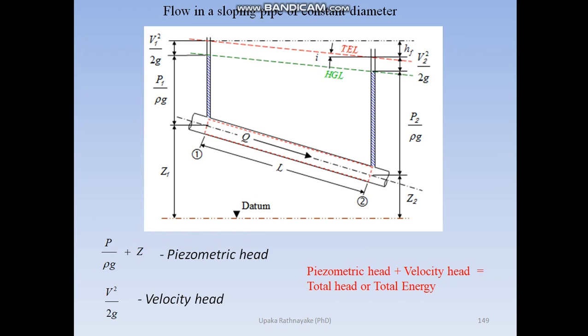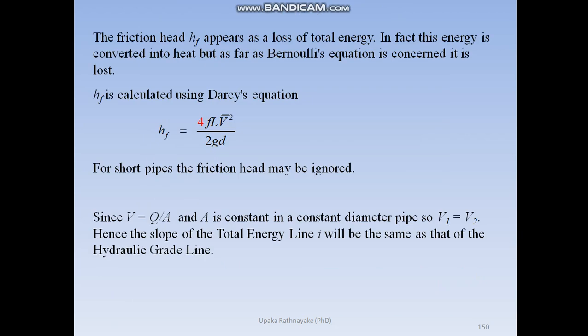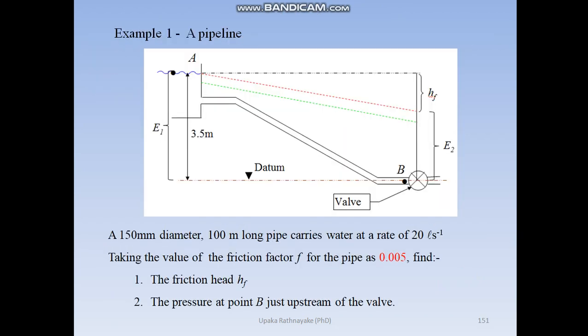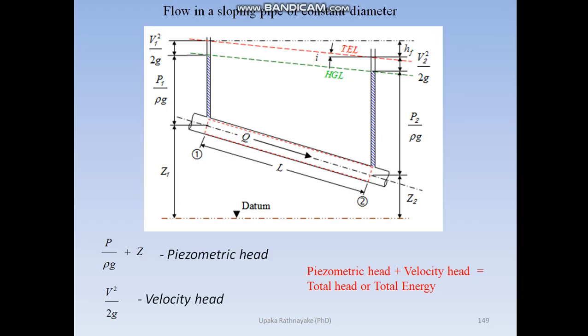And you can see that the equation is in length units even though we present the energy. Furthermore, we call the total energy the total head when we present it using meters.